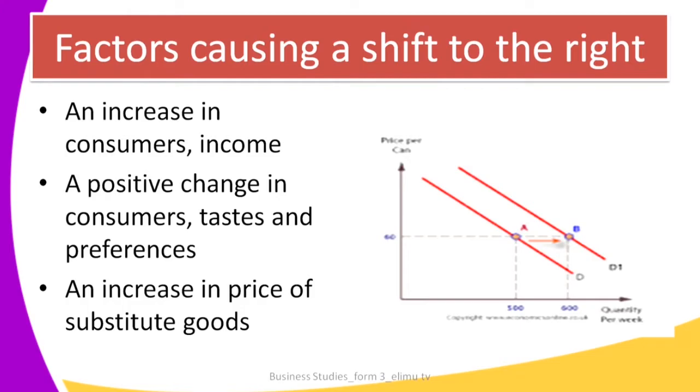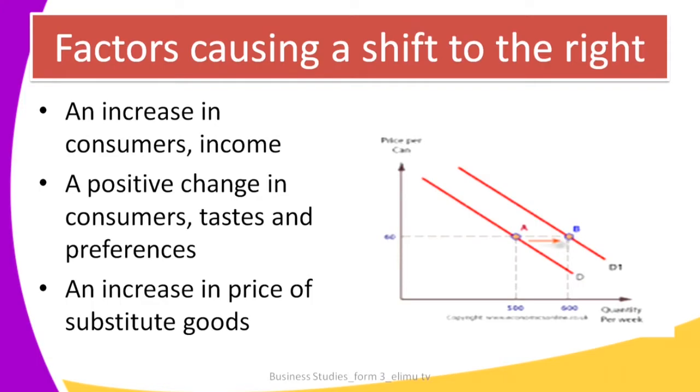The other factor is an increase in the price of a substitute good. Remember, we looked at the relationship between goods and we said goods can be related in two ways. Now, let's look at substitute goods. A substitute good is a good that can be used in place of another. A very good example would be the brands that we have for toothpaste. We can have Aquafresh or Close Up, but you can use one in place of the other.